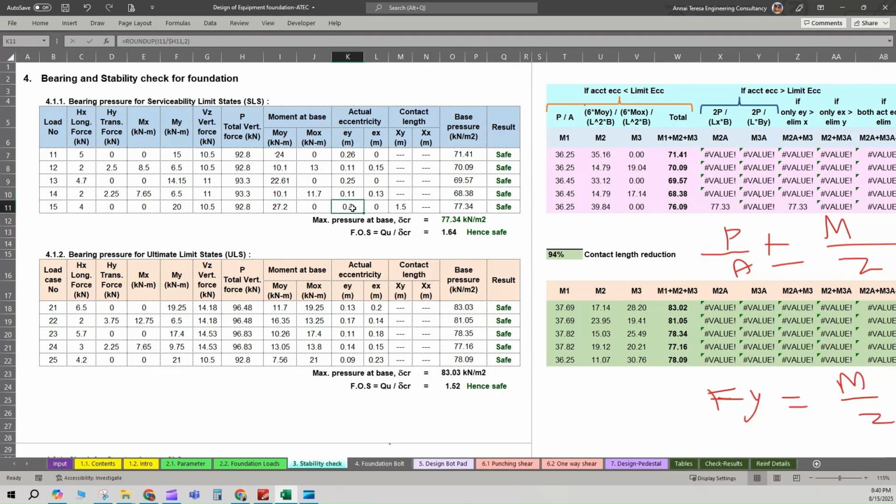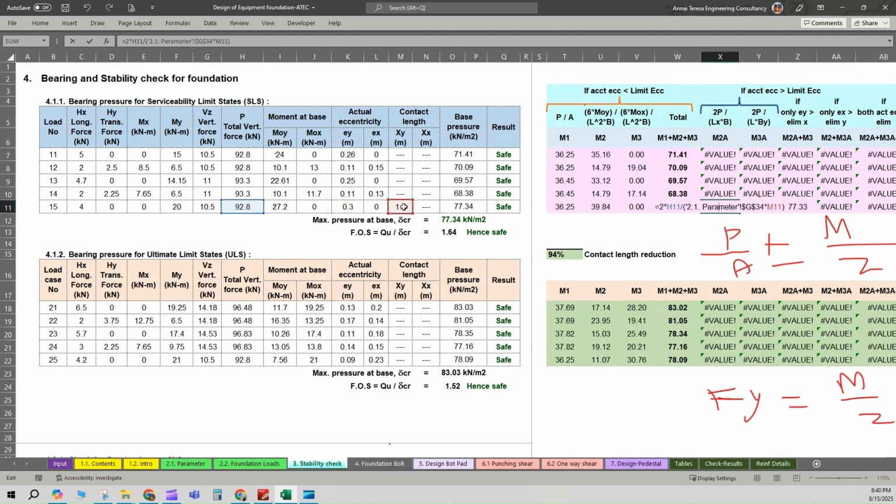But in this case, if you see, in this one direction the actual eccentricity x, y is exceeding the limiting eccentricity. So for this alone, we need to go for this kind of equations. Here it is 2b divided by Lx into b. This x value we already calculated, that is the contact length.